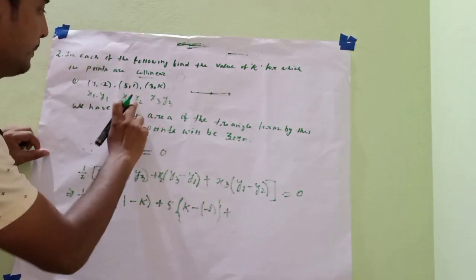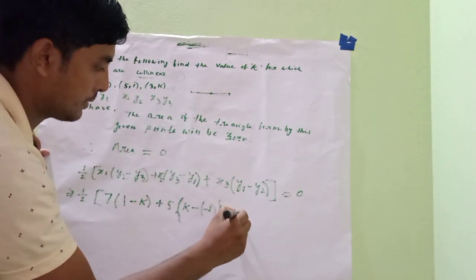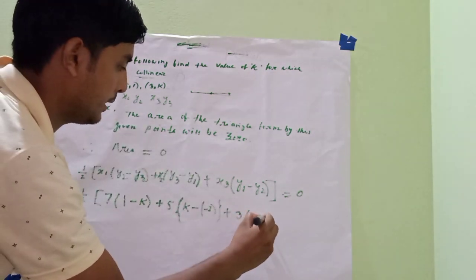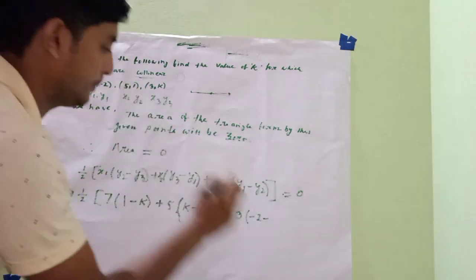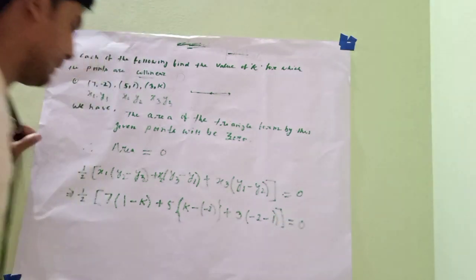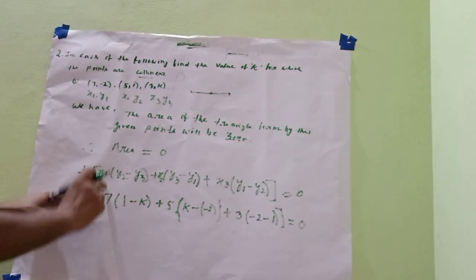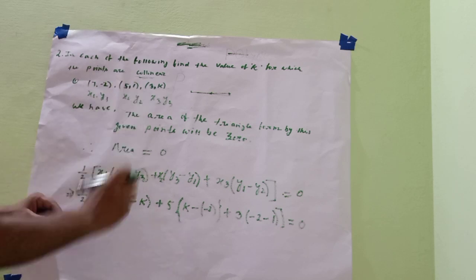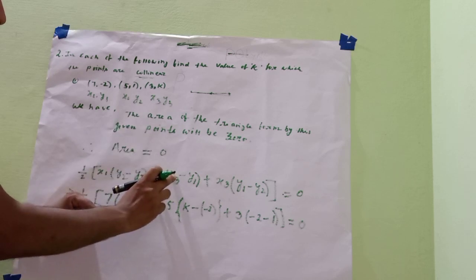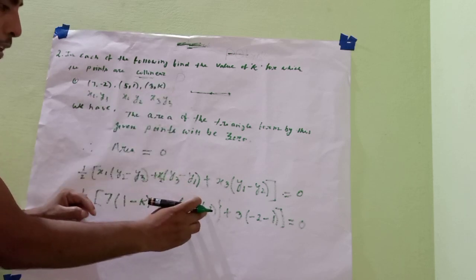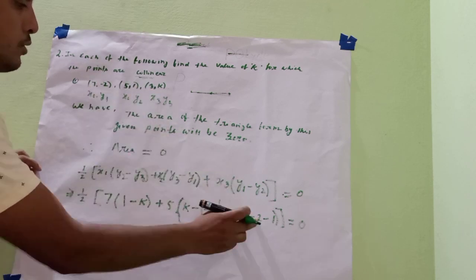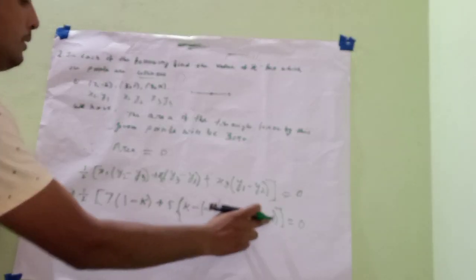Then x3 is 3, y1 minus 2 minus y2 which is 1. So you can check the values once again.